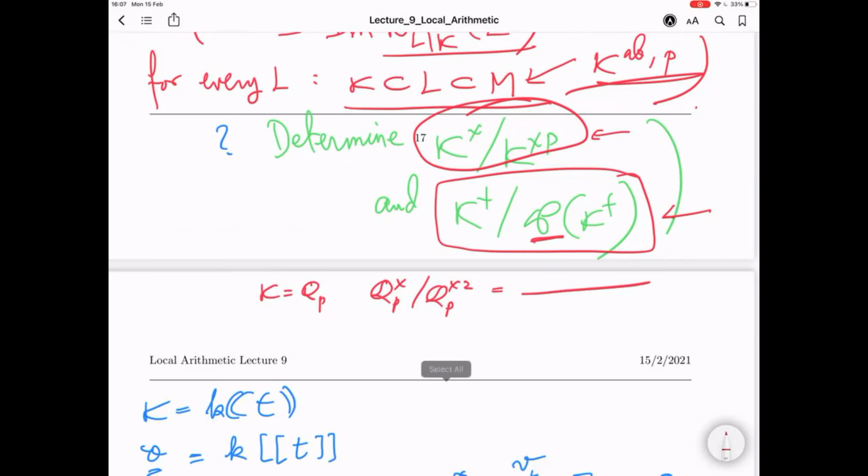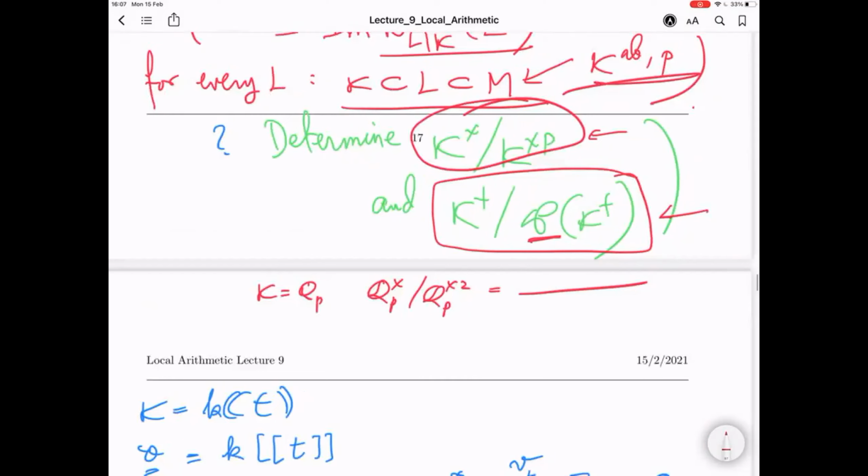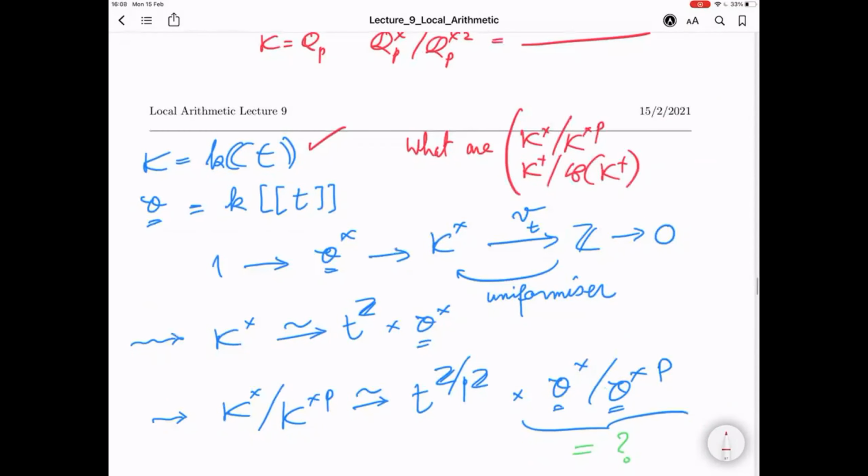So now let's take K to be this here, little k power series T, and what we are going to determine are these groups, K star modulo K star to the power P and K plus modulo P K plus. What are these things? Okay, so we'll just start determining them today and finish it in the next lecture on Wednesday.